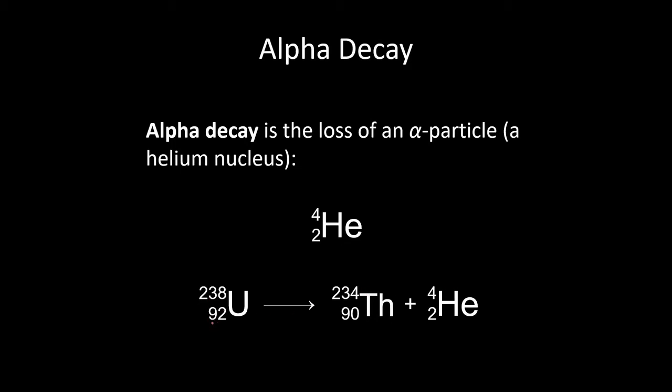The atomic numbers are the same thing. They will always sum to the same value. So we have 92 on the left, and 90 plus 2 on the right gives us 92. This is going to be our key, the way we're going to determine what is being created, what we're going to call daughter nuclides, when a nuclear decay happens.